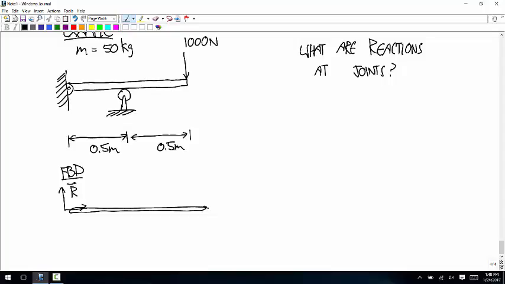And then at the roller, that force is applied perpendicular to whatever it's rolling along, the surface. So that's a force like that. I'll call this one RA. I'll call this one the scalar RB. And then there's the weight of the bar, which is 50 times 9.81, 490.5. And then a downward force of 1,000 newtons.